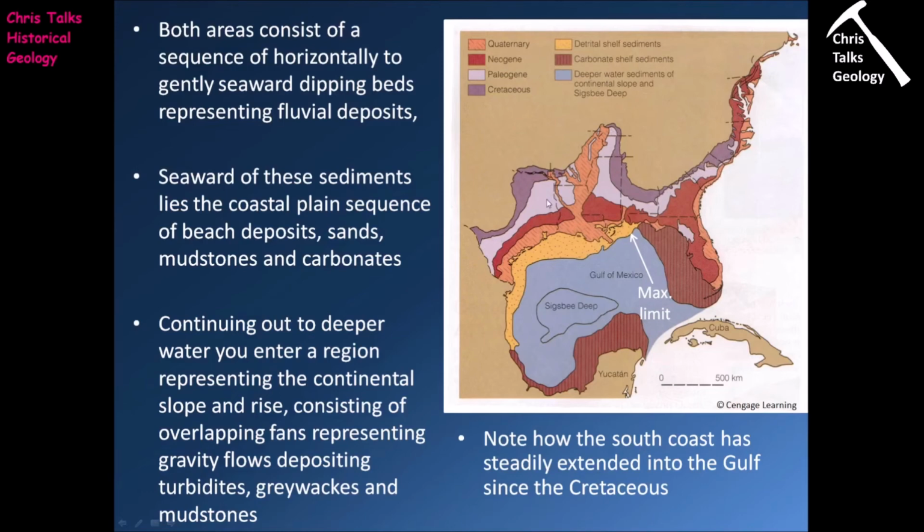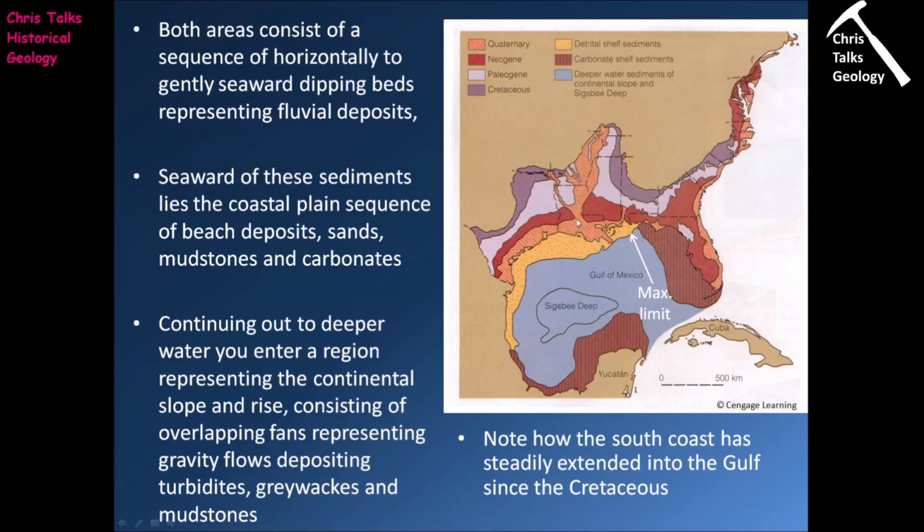Then as we move into this light purple here, these are sediments being deposited in the Paleogene, so the early Cenozoic, once again on the continental shelf. Then we move out into this red, orange, brown color here. These are sediments being deposited in the Neogene, so essentially middle Cenozoic. Once again, we can see we're moving away. We then have the Quaternary sediments marked out here in this dashed orange colour.